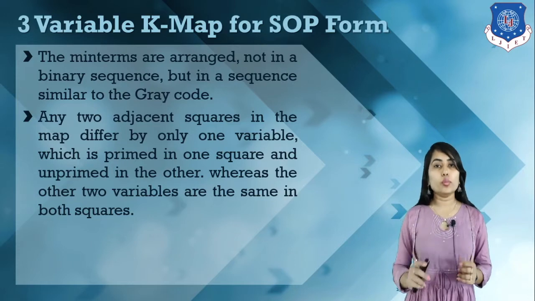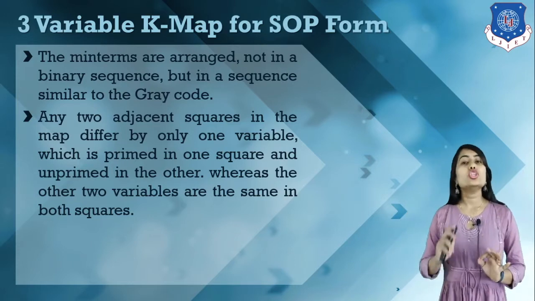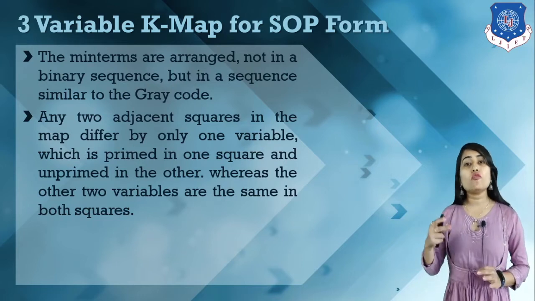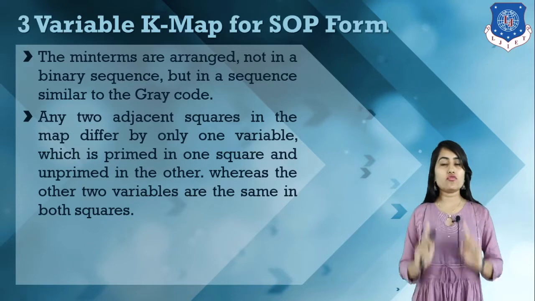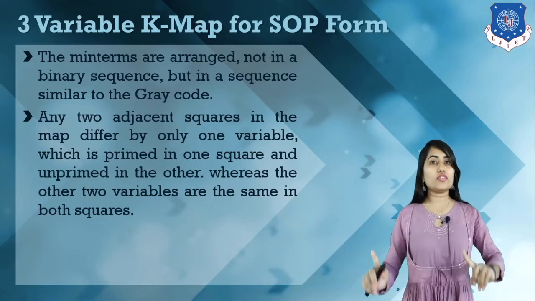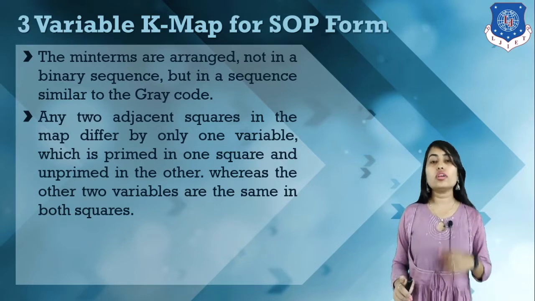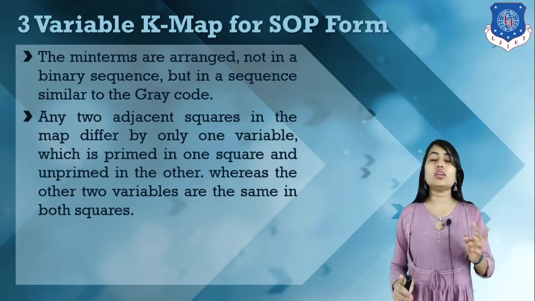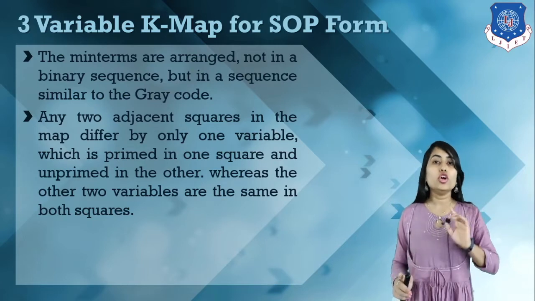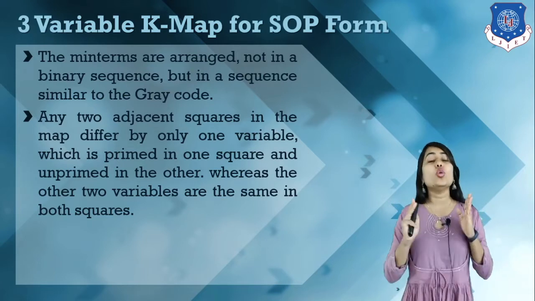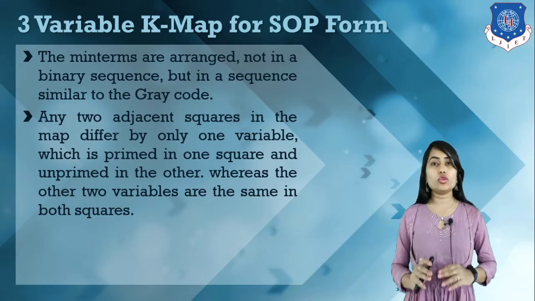Here we have to make groups of 1 because this is SOP format. We have 8 squares, so first try to make a group of 8. If it is not possible, then make a group of 4. If that is not possible, make a group of 2, and if that is not possible, make a group of 1. So we should make groups as big and as few as possible.